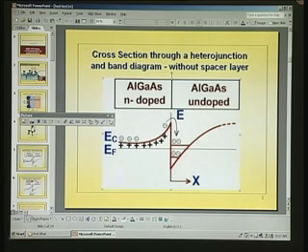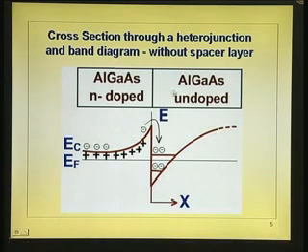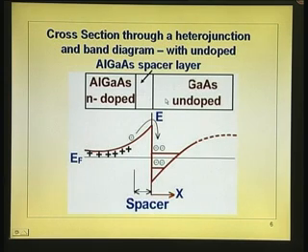Let me just go back to this. This is the undoped gallium arsenide. In between there is undoped aluminum gallium arsenide, but more accurately you can see this. The real structure is this. You have aluminum gallium arsenide doped, undoped aluminum gallium arsenide, and then gallium arsenide undoped. This is a spacer layer.